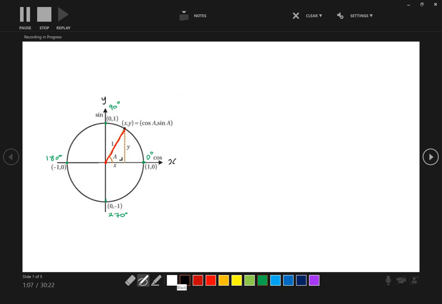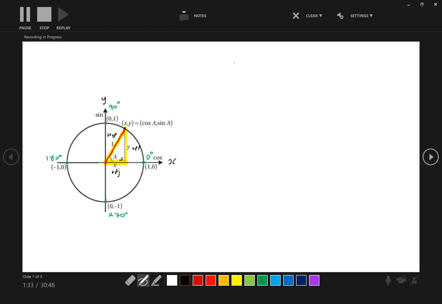So for starters, I use this circle. I'm using this triangle to give me sine, cos, and tan as I've had before. If A is my angle, then this is my hypotenuse, y is my opposite, and x is my adjacent.